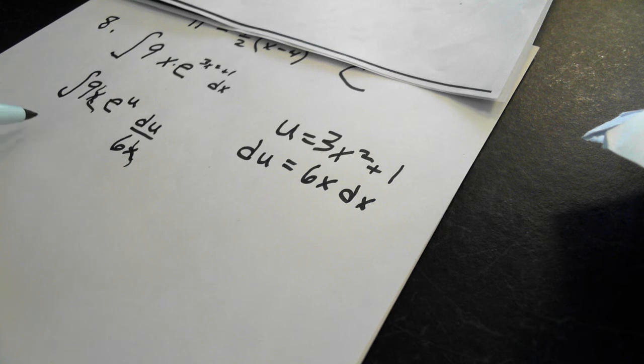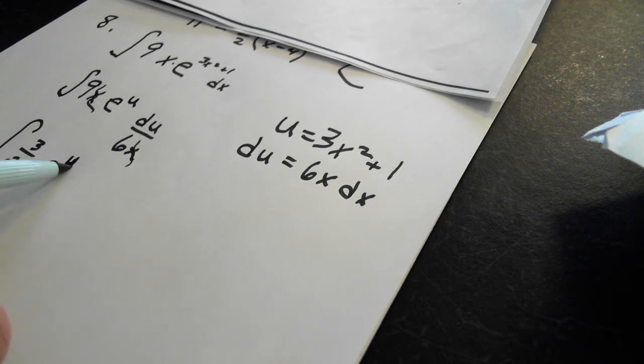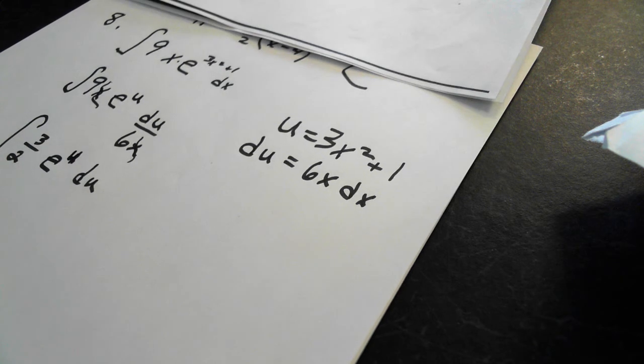So we can change this to the integral of 3/2 e to the u du. Now, how do you do the antiderivative of e to the u? Doesn't it just turn into e to the u?